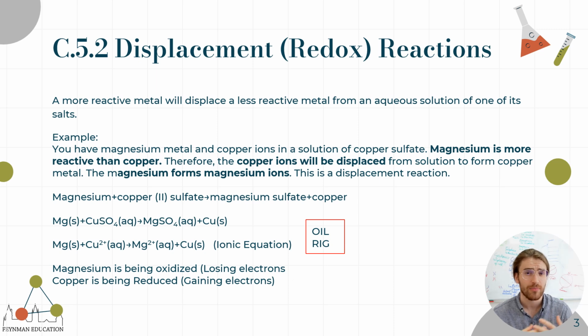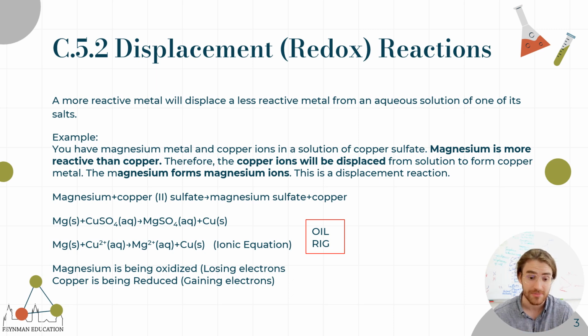Magnesium being a more reactive metal, it's going to displace the copper in the copper sulfate, and it's going to become magnesium sulfate. The copper is going to go from an ion in that compound to being a solid, stable element, which we can then take out through filtration usually, while the new aqueous solution is going to be magnesium sulfate. Hope that makes sense.